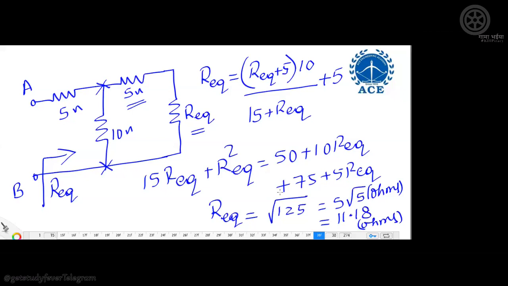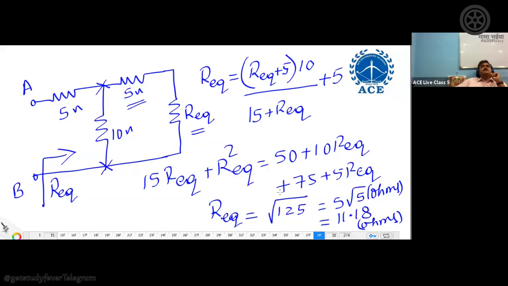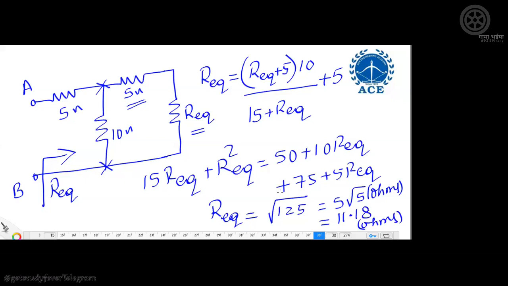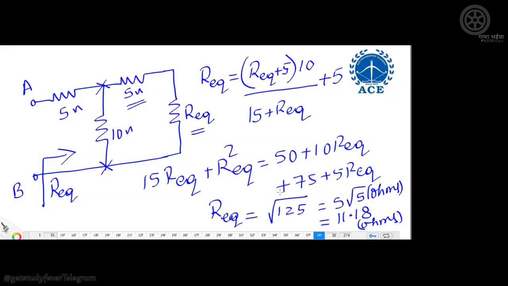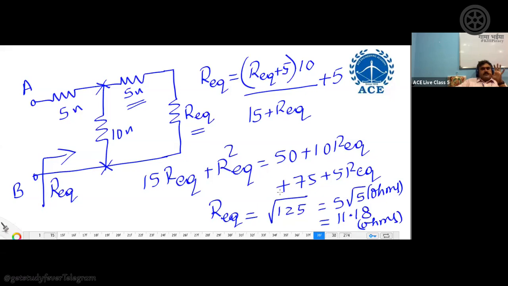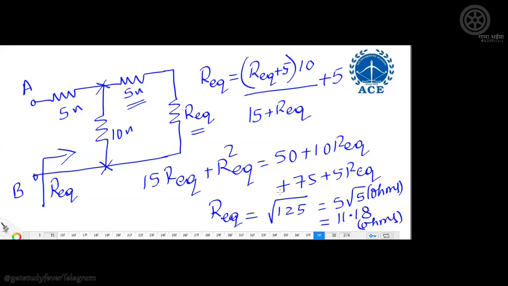Sir, you raised one question: when will the voltage and current be passive? Your doubt is to check whether the element is active or passive, right? Yes, sir. My doubt is in which case the element acts as passive.